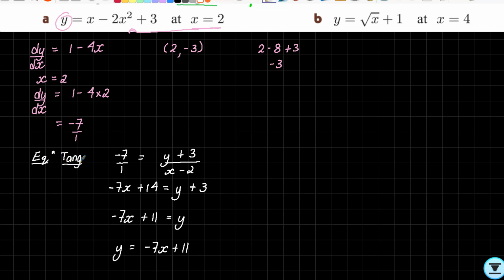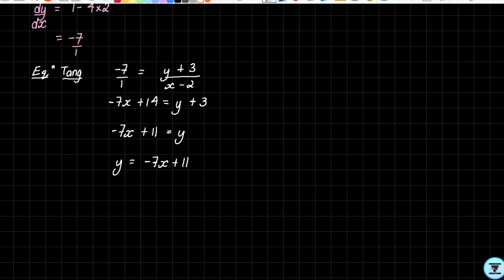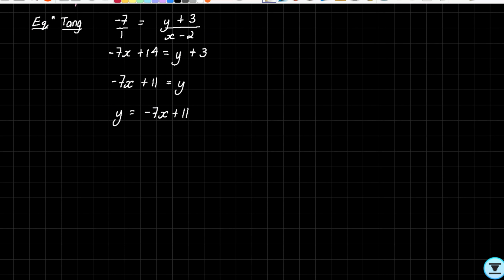That was the equation of the tangent. If I now wanted to find the equation of the normal, let's go for blue. Because it is perpendicular, remember all we have to do now is flip our slope, which was this. We're going to flip it and reverse the sign. So the slope of my normal will be positive 1 over 7.